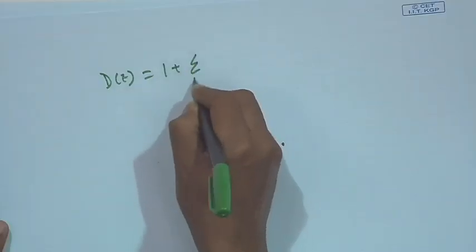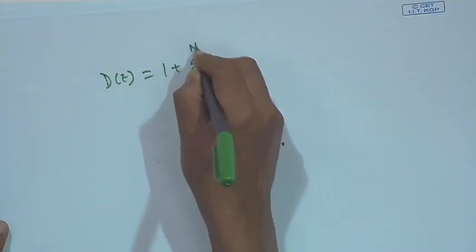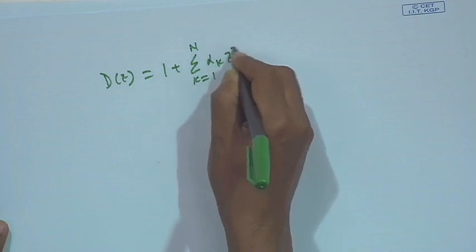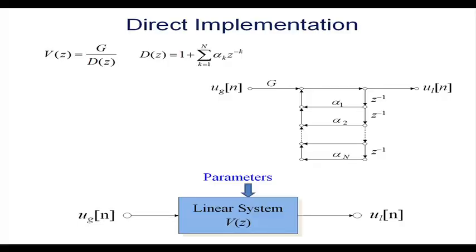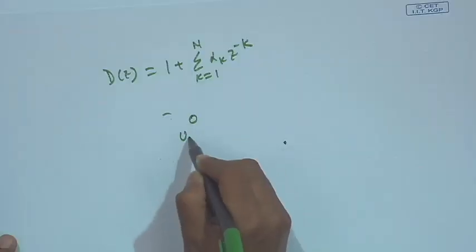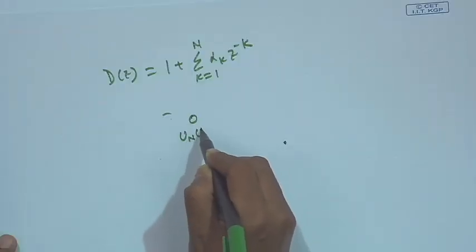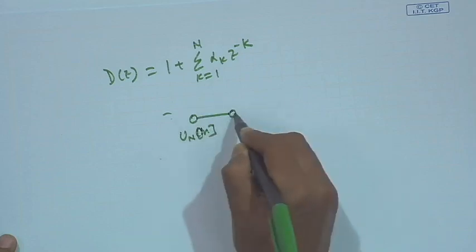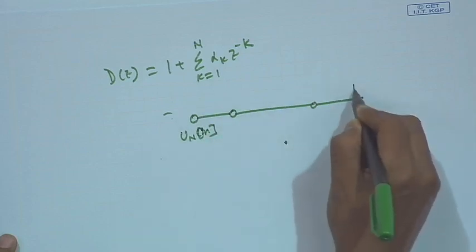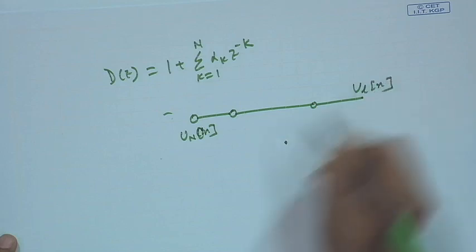So, I have to implement Dz, which is nothing but 1 plus the sum over k equal to 1 to n of alpha k z to the power minus k. This equation I have to implement. How do I implement it? Very simple. There is an input UGn, an impulse, then I have an output which is ULn. Okay.